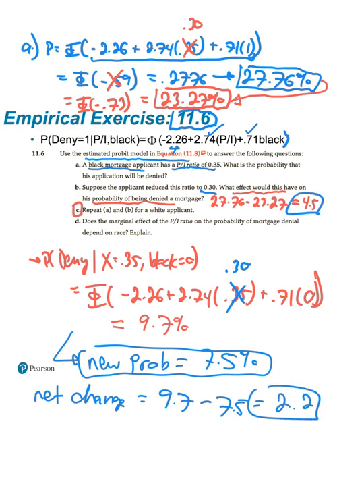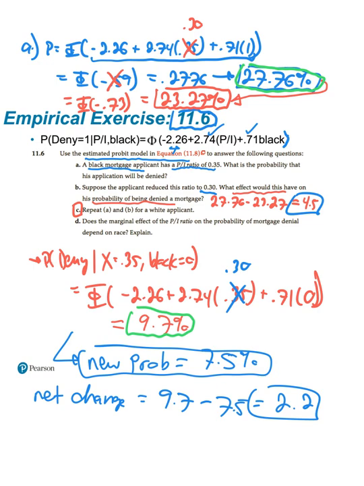Comparing that to 4.5. Now comparing apples with apples, a black applicant with a PI value of 0.35 and a non-black applicant with a PI ratio of 0.35, we're comparing these two numbers, 27.76 and 9.7. So just by this dimension alone, this suggests that the black applicant is almost 3 times more likely to be denied simply because of their demographic status.